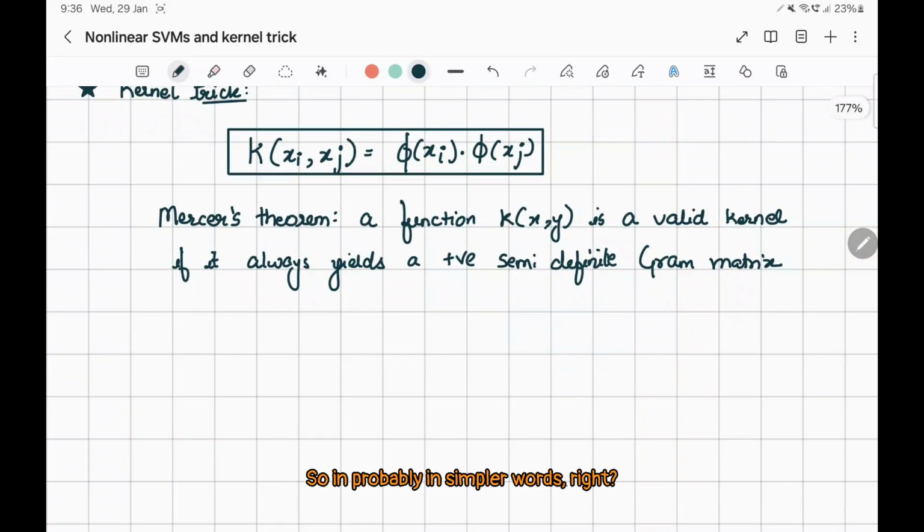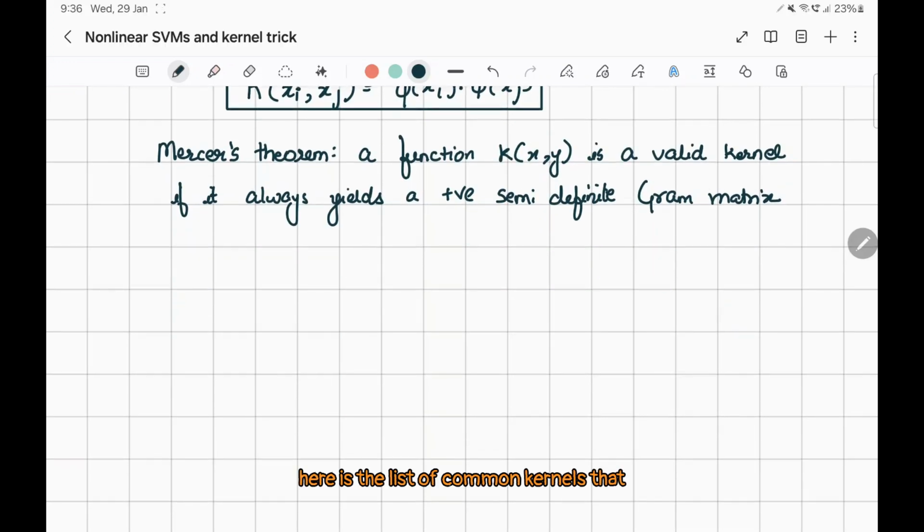In simpler words, as long as the matrix formed by k(xi, xj) is symmetric and positive semi-definite, it corresponds to some possibly very high dimensional feature space phi. And here is the list of common kernels that you might see in the wild.